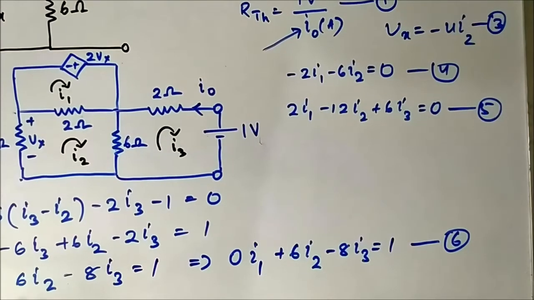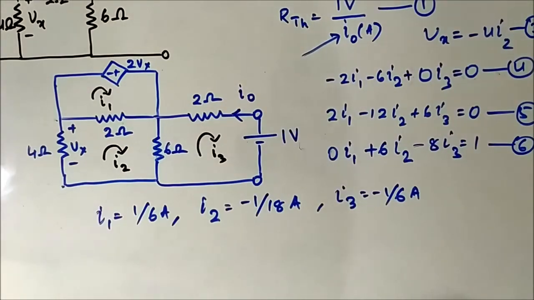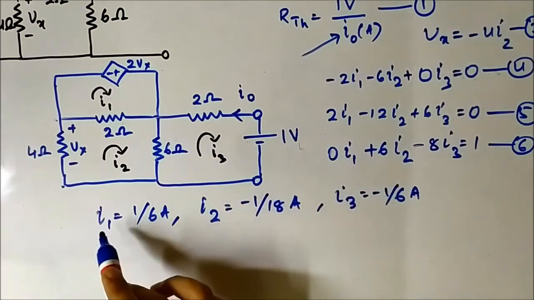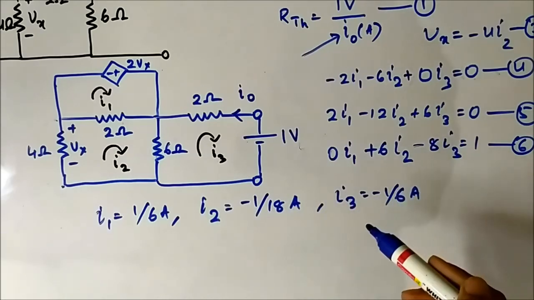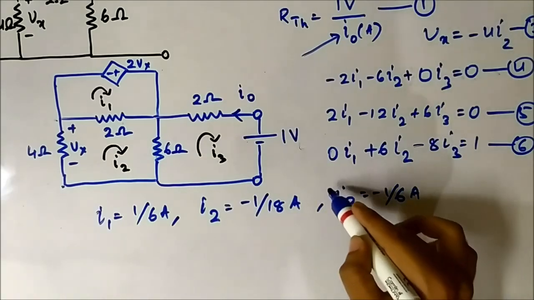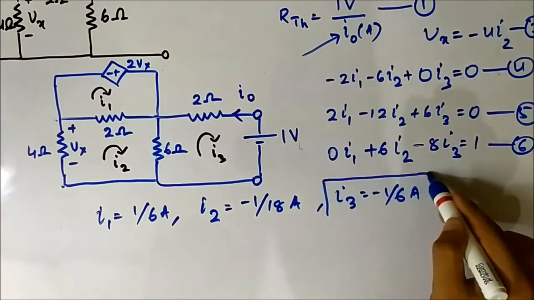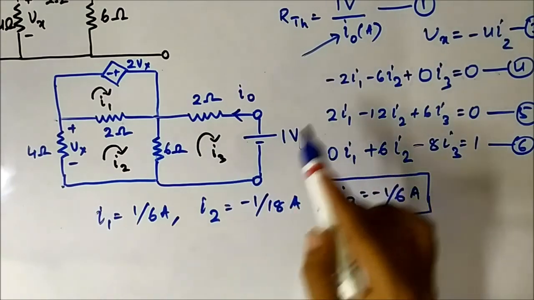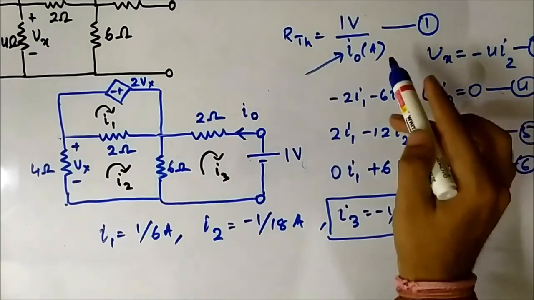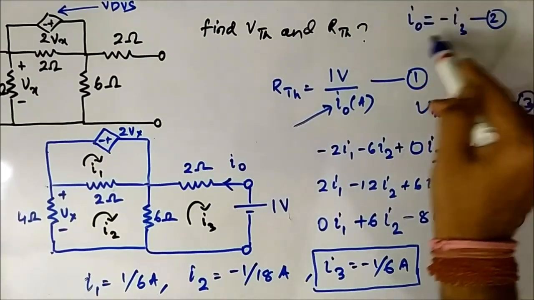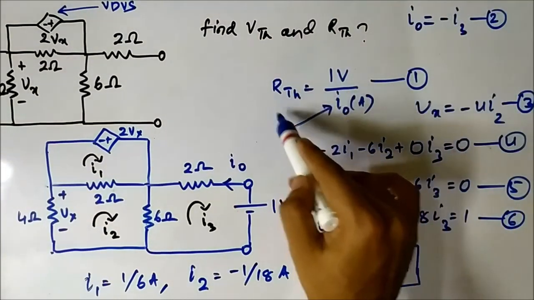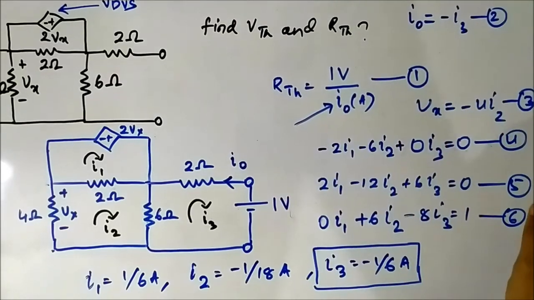We put the values of the various coefficients in the scientific calculator and we got these results. The value of I1 is 1 by 6 ampere, I2 is minus 1 by 18 ampere and I3 is minus 1 by 6 ampere. Now our interest is with this I3, because RTH is 1 volt by I0, and I0 is minus I3.